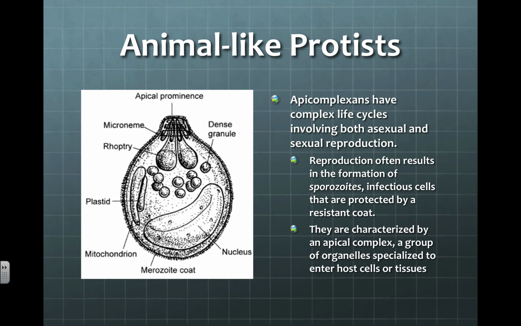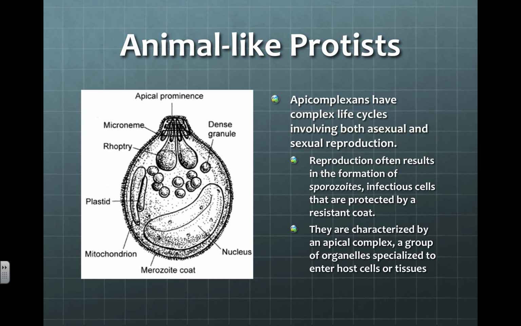So if you look at them, the apical part is at the top. So there is an apex or peak to one side of them. And what happens is they use this complex up here. There's some organelles, some micronemes, and some other organelles in that complex that allow them to enter the host or burrow through the host cell or their tissue.